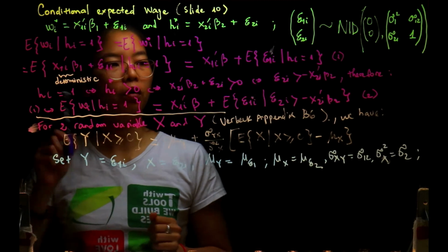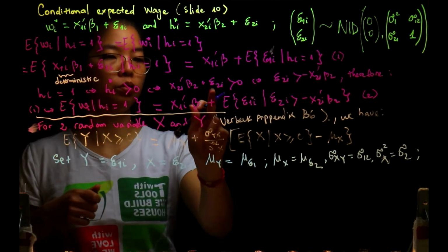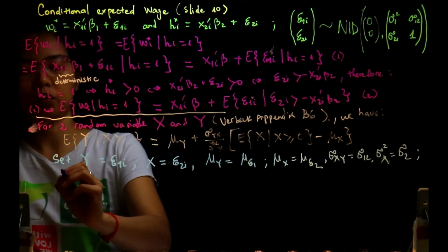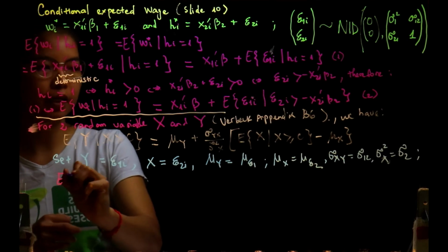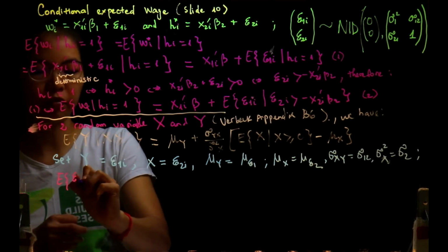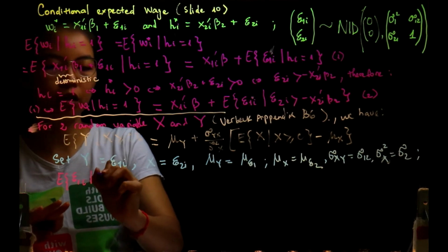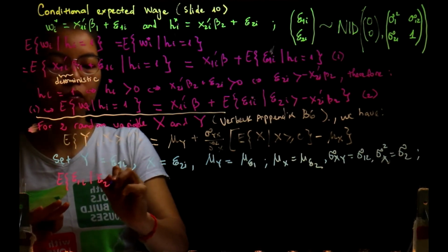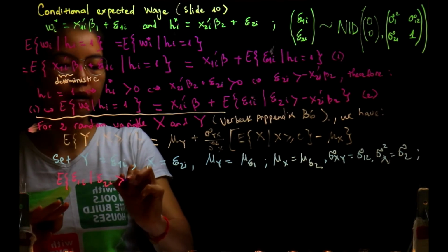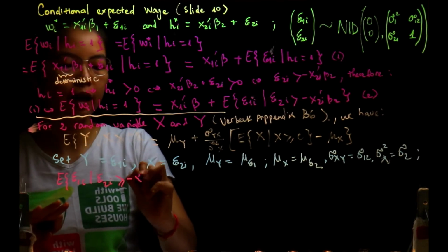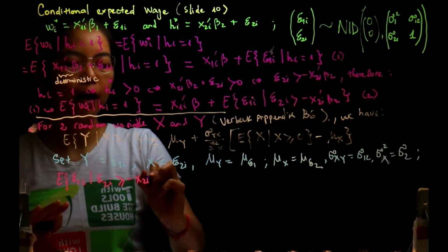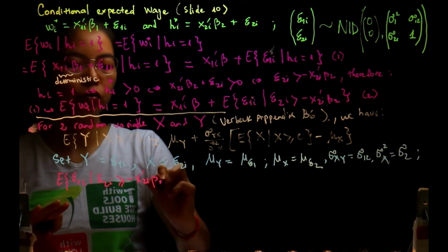Then we could go back to our equation 2 over there, but we could write the conditional expectation of epsilon 1i, conditional on epsilon 2i larger or equal to minus x2i prime beta 2, right?